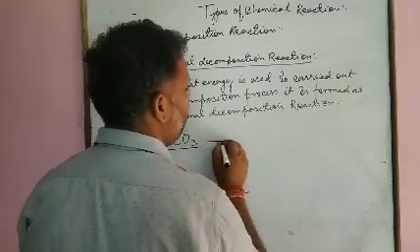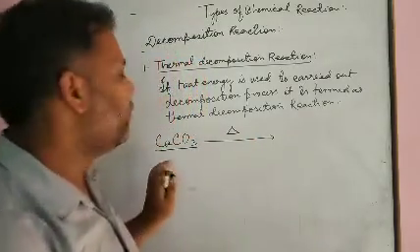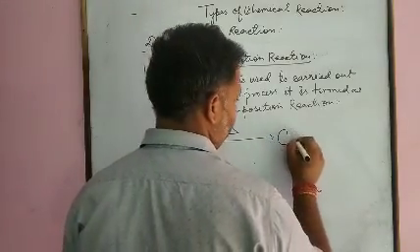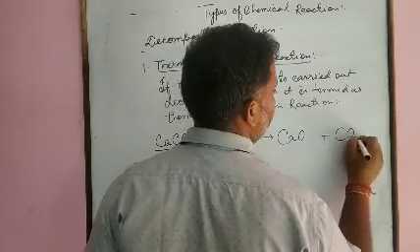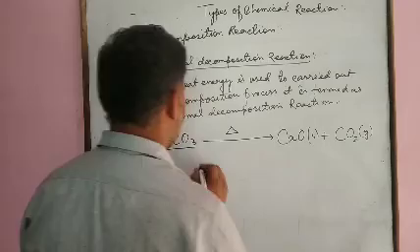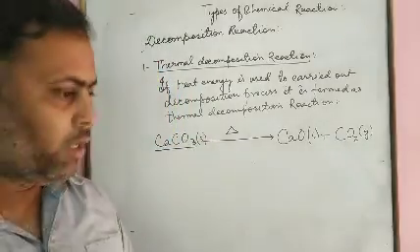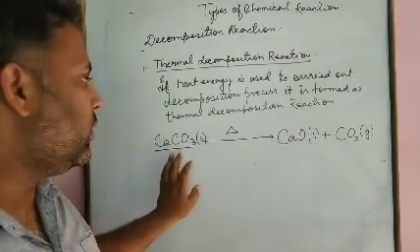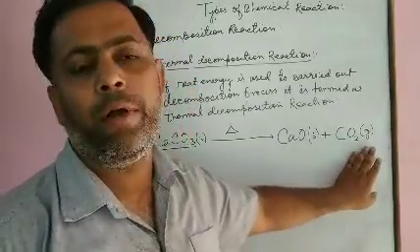When calcium carbonate is heated, it is represented by delta, it is broken down into calcium oxide plus carbon dioxide.